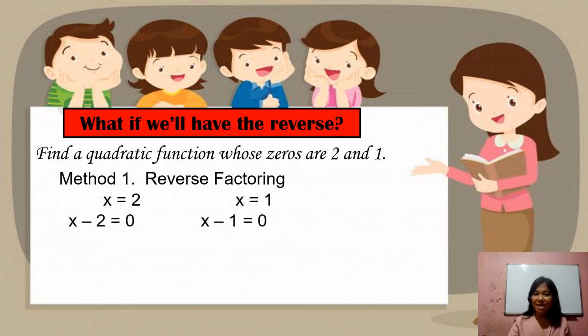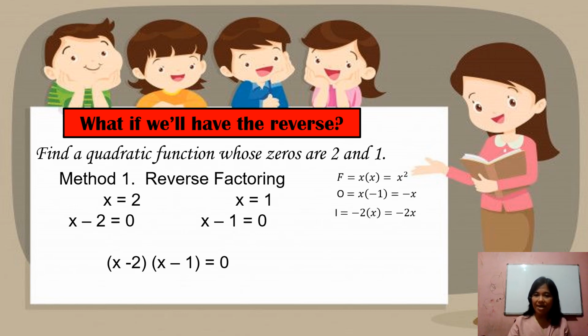And then when we combine them, we have x minus 2 times x minus 1. And here, you can use the distributive property or FOIL to get the answer for this multiplication. Okay? So here, I was using FOIL. The first terms are x and x, that's x squared. Outer terms are x and negative 1, so that's negative x.